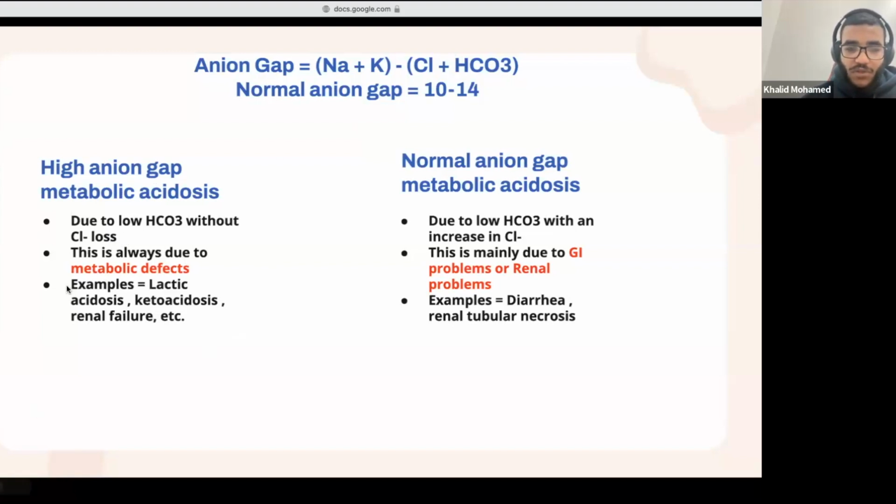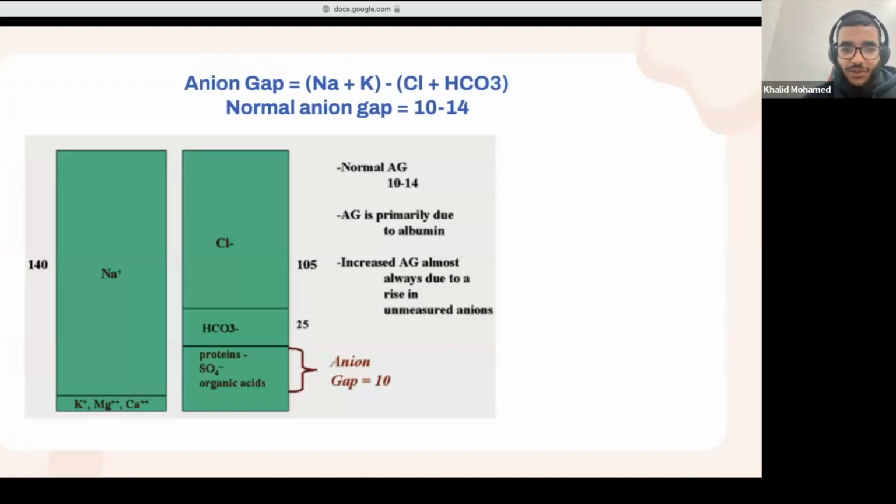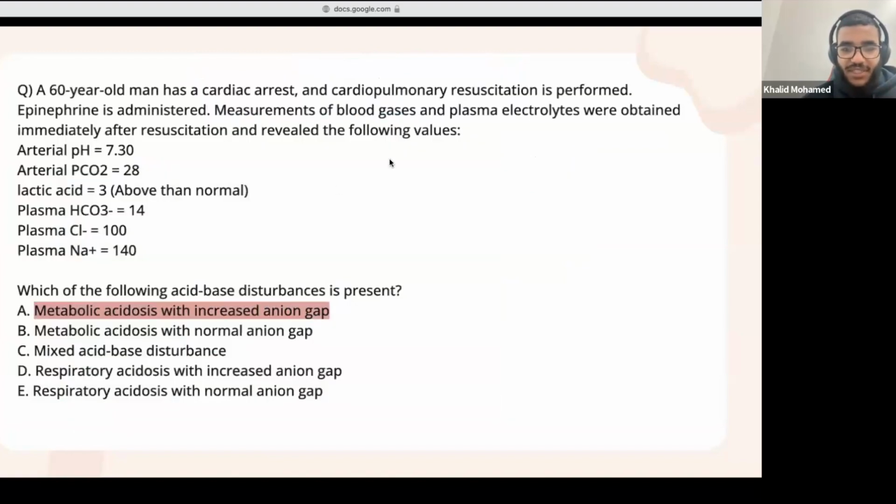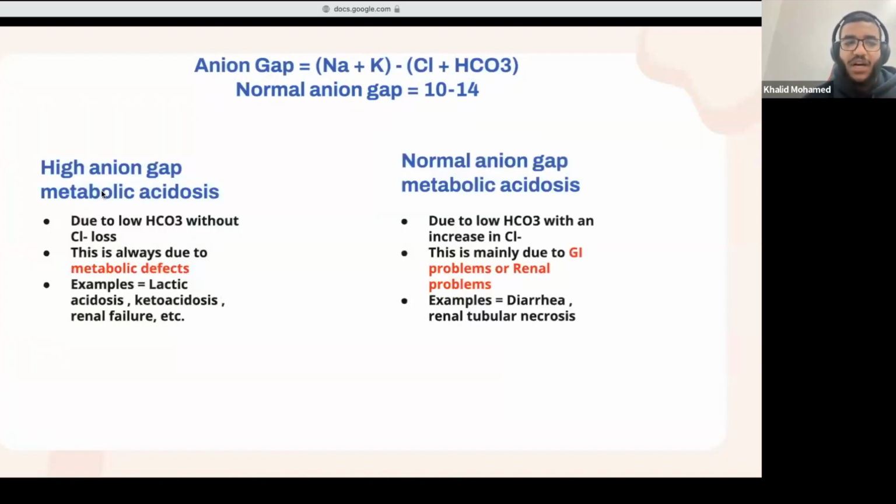Okay. So this will have a high anion gap because if HCO3 decreases, but Cl stays the same, then we'll have a high anion gap because this value decreased, okay? And this value will increase the anion gap. And this is the case in our question. The patient has lactic acidosis and therefore he will present with a high anion gap metabolic acidosis.